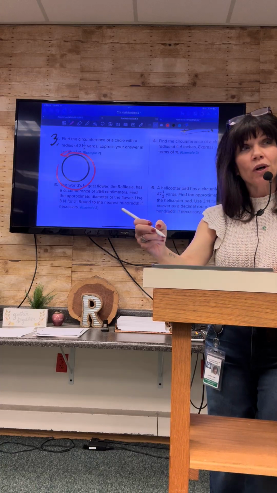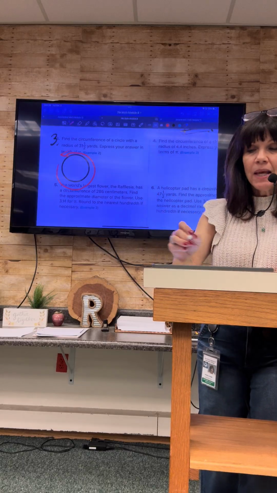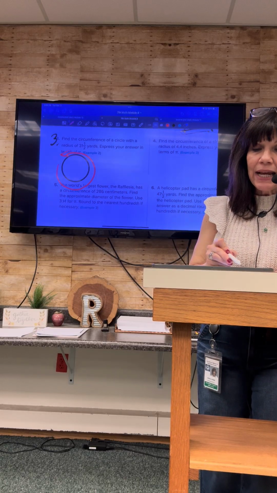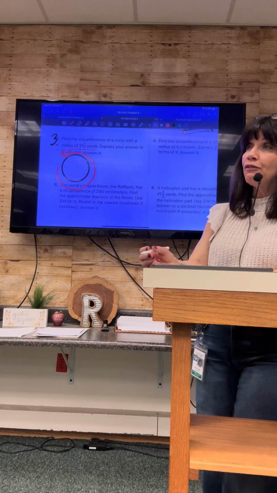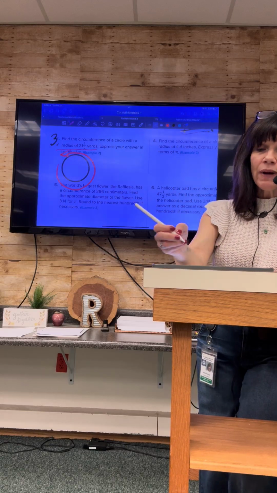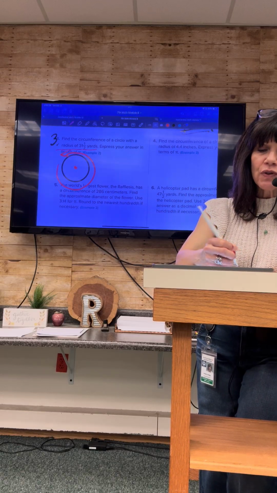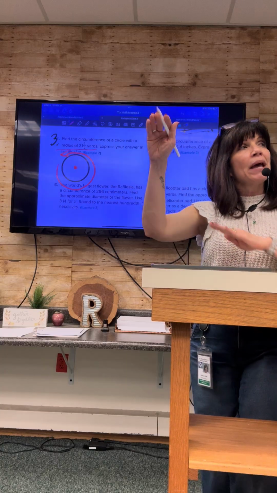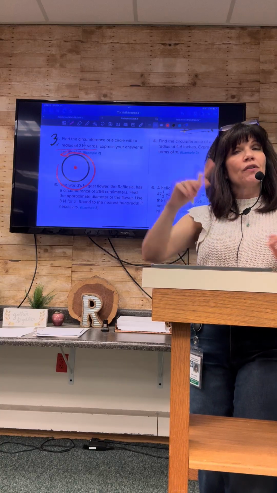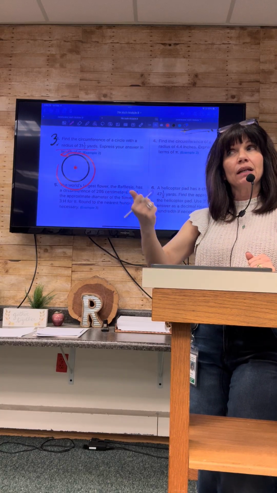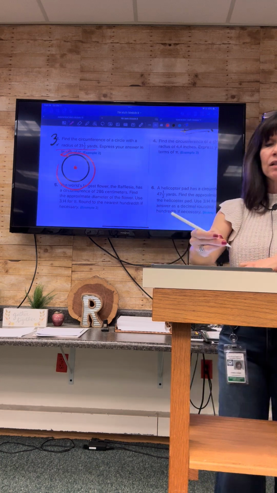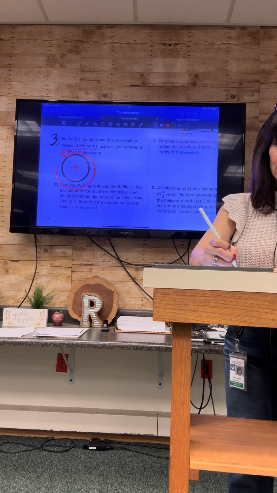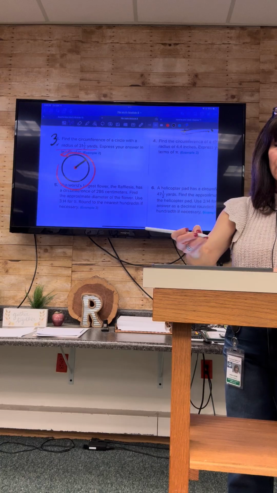We're going to use one of the formulas, but wait, they do say it has a radius of 31 1/2 yards. So is the radius from the center to the edge or from edge to edge through the center? The first. Excellent. From the center to the edge is the radius.